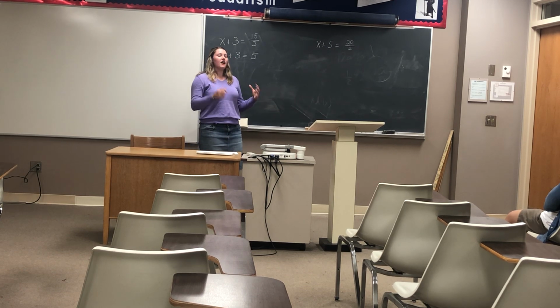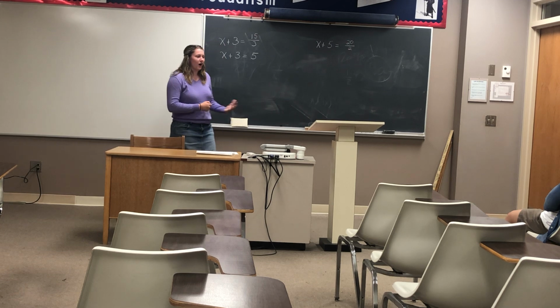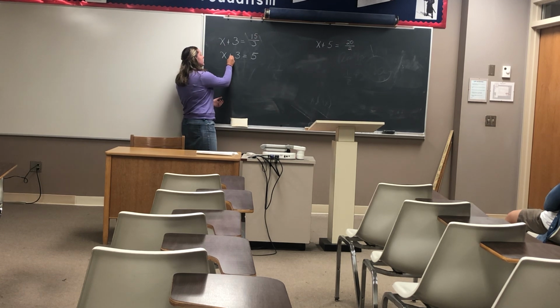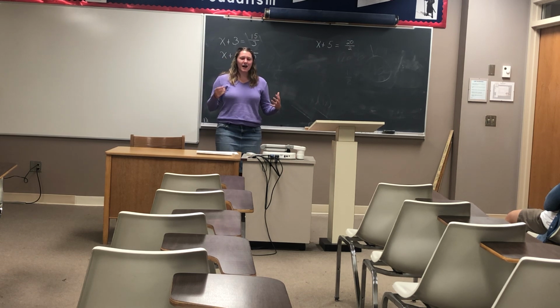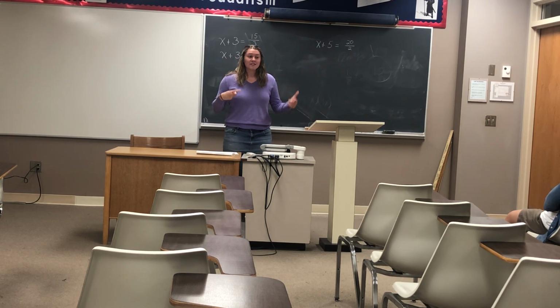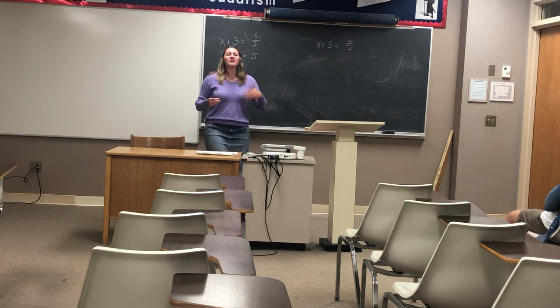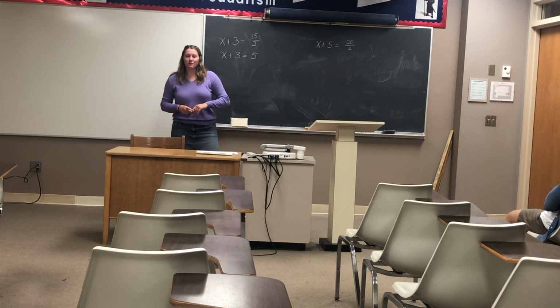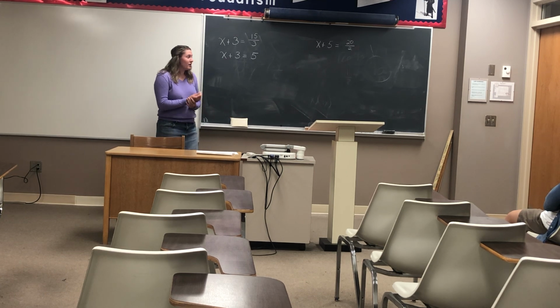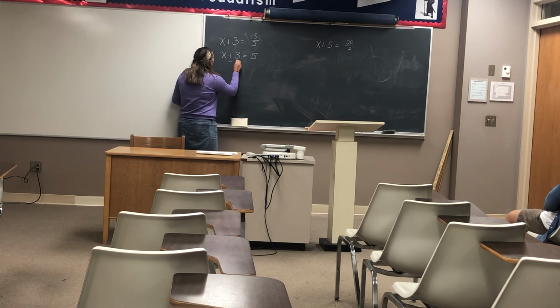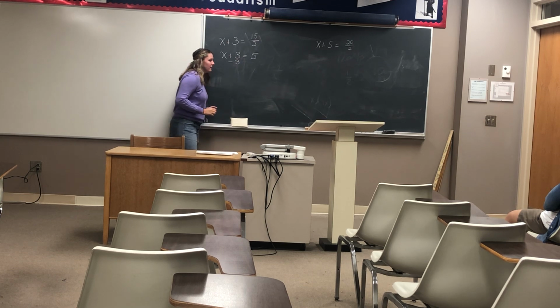So we're going to get the unknown alone by doing the opposite. And we see that this is a plus 3. And we've gone over our operations time and time again. Some of you remember I've been asking y'all a lot the past few days, what is the opposite of addition? What's the opposite of multiplication? Well, the opposite of addition is subtraction. And we know that. So we're going to subtract 3 from this side.